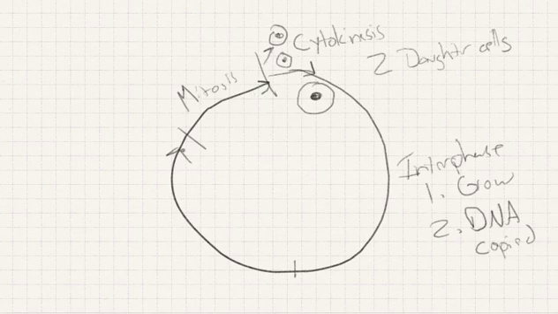The chromatin winds up into chromosomes during prophase. Then they line up in the middle for metaphase. Let me write those letters out. Then the one copy goes to each side for anaphase, and then it starts to reform two cells. It looks like an old-fashioned telephone receiver in telophase, and then it goes through cytokinesis, and it just keeps going and going and going. And that is the basics of the cell cycle for 7th grade science.